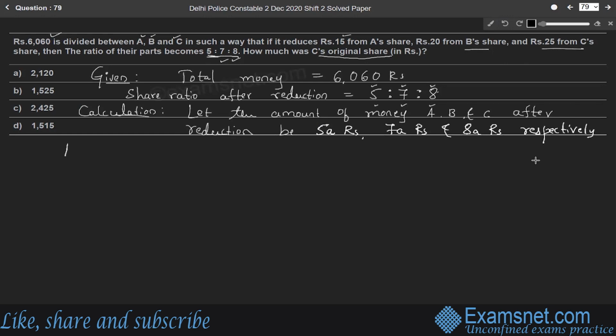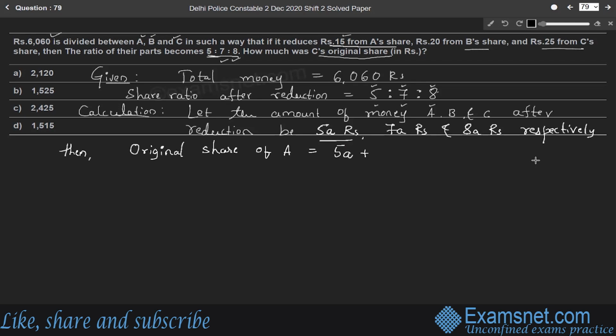Then the original share of A becomes, so the share of A after reduction is 5A rupees. So in the question, when it reduces 15 rupees from A's share, the ratio becomes 5 is to 7 is to 8.